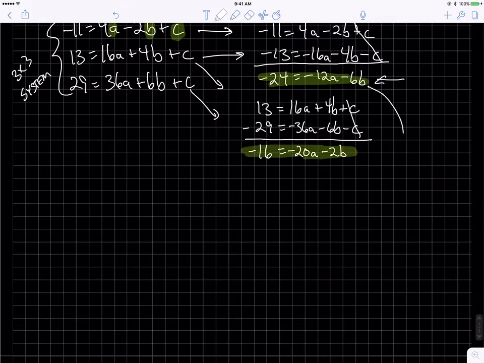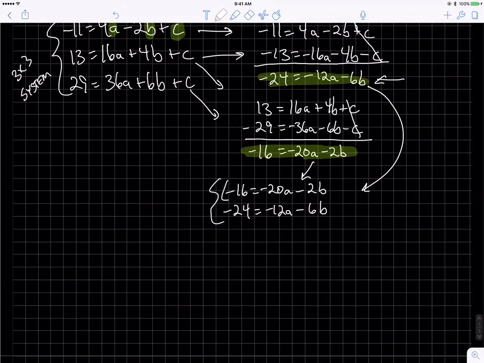So now I'm going to take those two equations and eliminate either the a or the b. It looks like if I multiply the top equation by 3, I can eliminate my b's. So negative 48, negative 60a, and minus 6b.